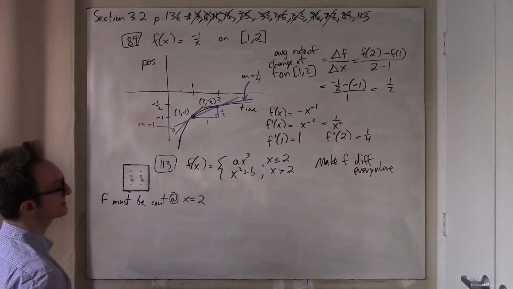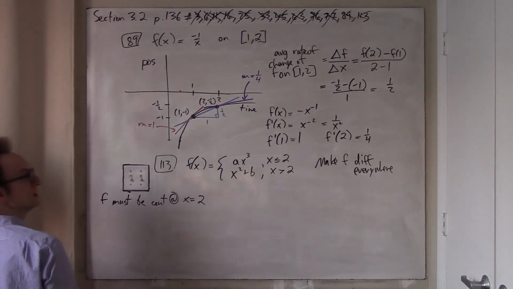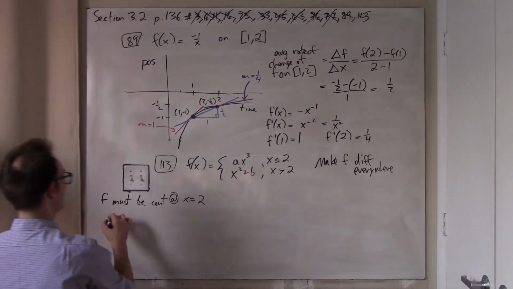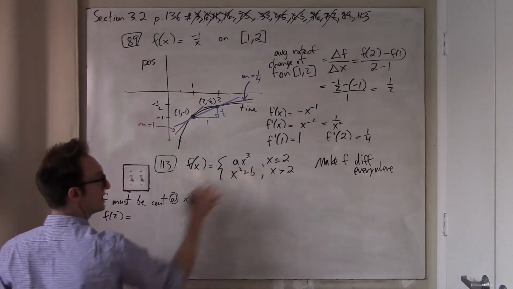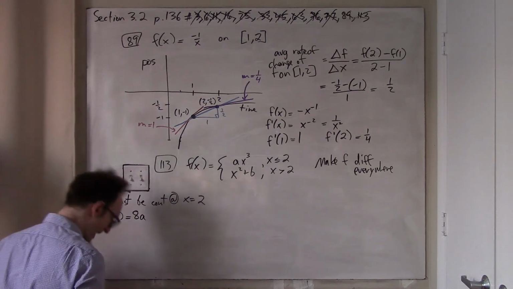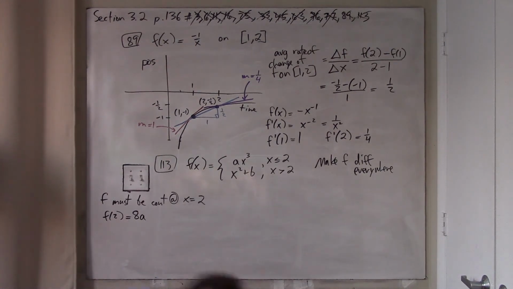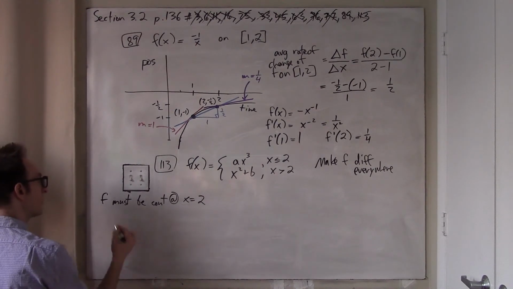In other words, well, just the two pieces have to meet, right? So what can I say about f of 2? Well, actually, f of 2 is just, if you plug in 2 here, you just get 8a. And while that's true, it might be simpler to just say, okay, what has to be true?